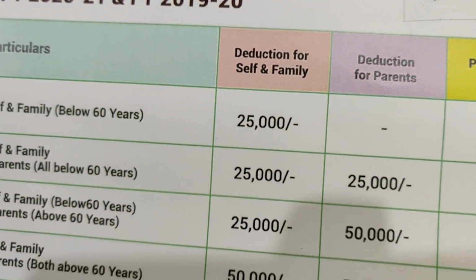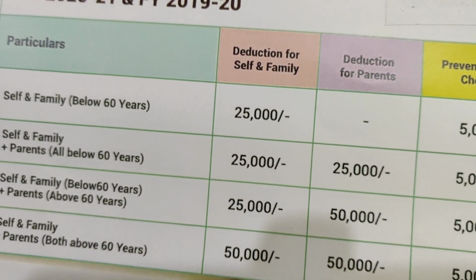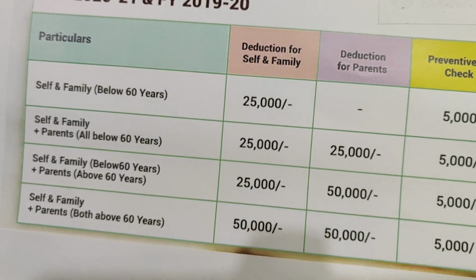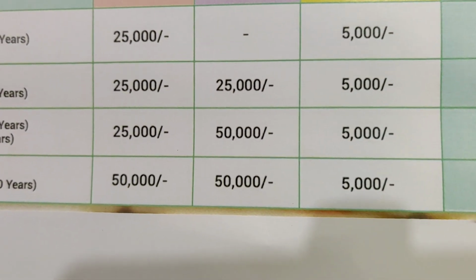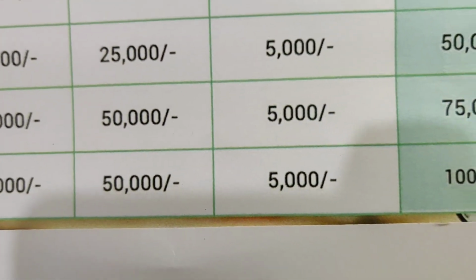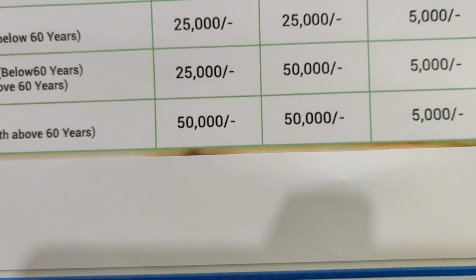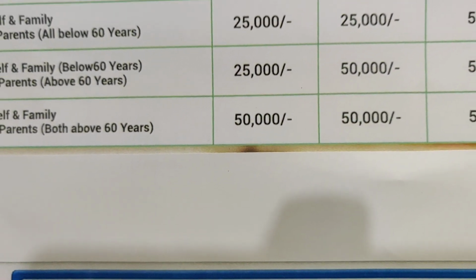But if you make a policy for your parents who are above 60 years, that means senior citizens, then you can get a deduction of up to 50,000.